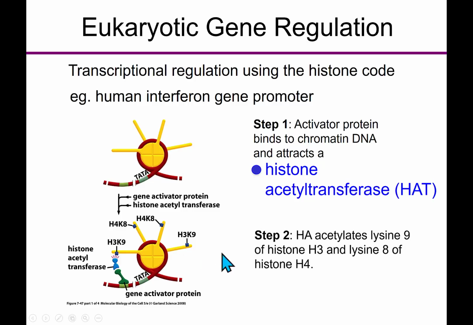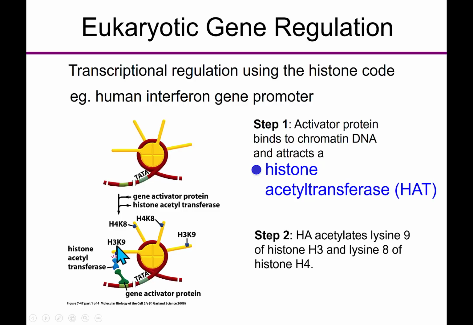In step number 2, the HA, as in the histone acetyltransferase. So you can write HAT or HA, that's fine. The histone acetyltransferase acetylates lysine 9 of histone H3 and lysine 8 of histone H4. So the histone acetyltransferase puts the acetyl group, shown as this dark blue square.